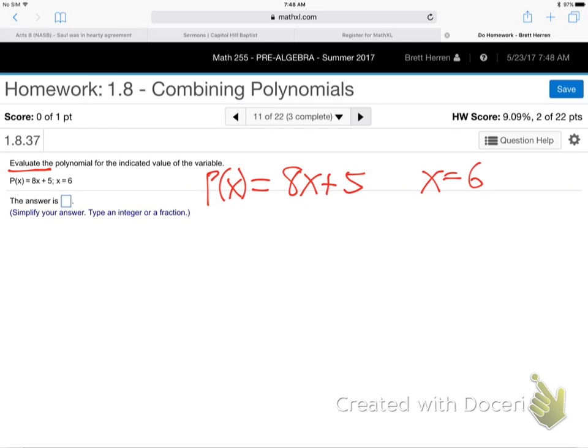Whenever they say that in a math expression, evaluate, they want the value. They want you to plug in the number. Evaluate, give me a value. So they want me to take that x equals 6 and plug it in to the x slot. It's kind of like putting bread in the holes of a toaster or something, right? You're just plugging it into the machine.